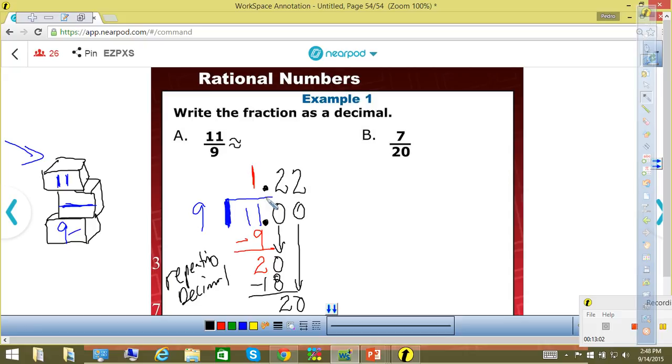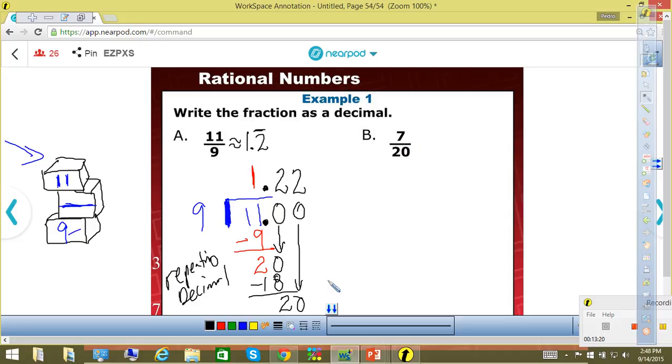Because it's not exactly equal. Is that correct? It's approximately, aproximadamente, approximately 1.2 bar. Does that make sense? If it repeats, might as well just write it once and then put the bar on top of it.